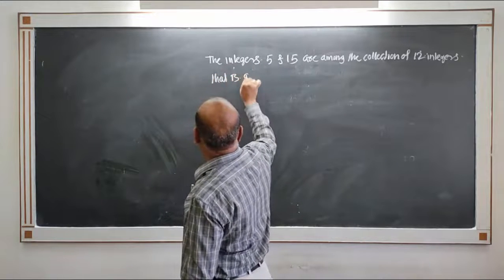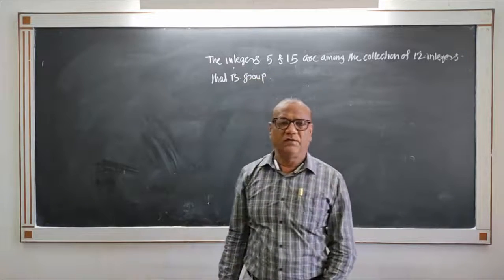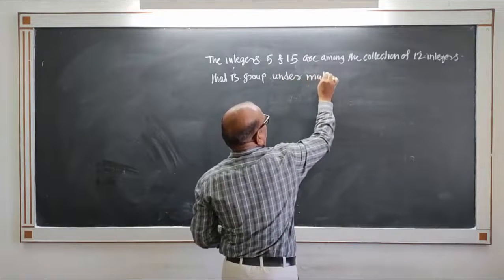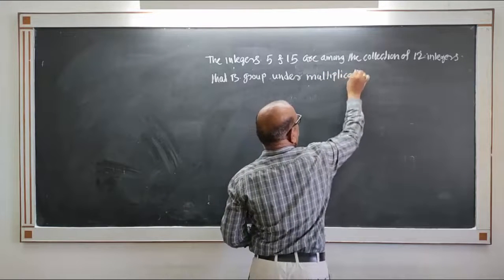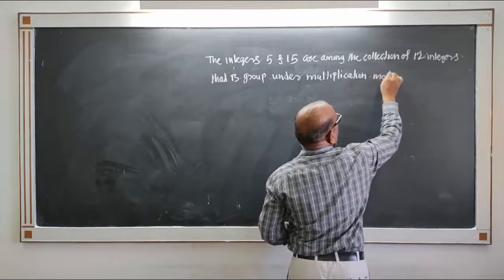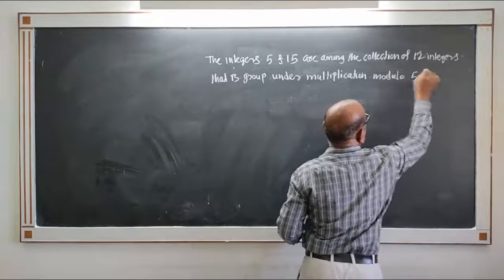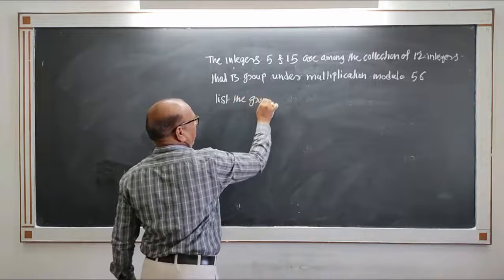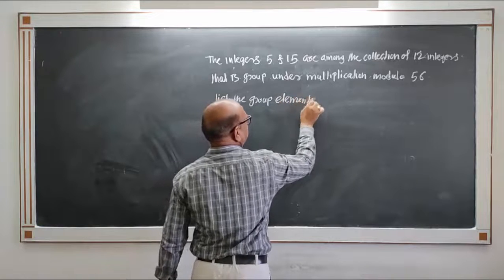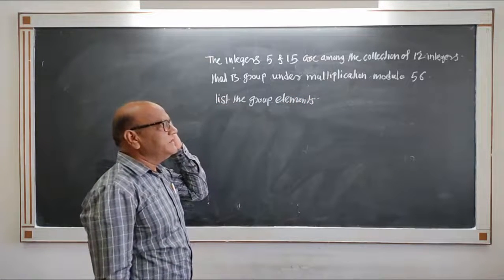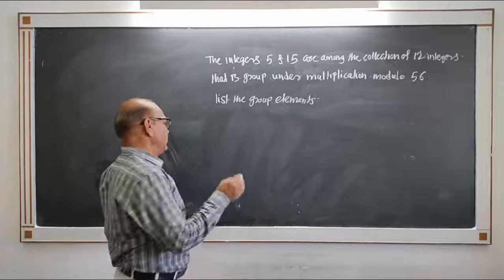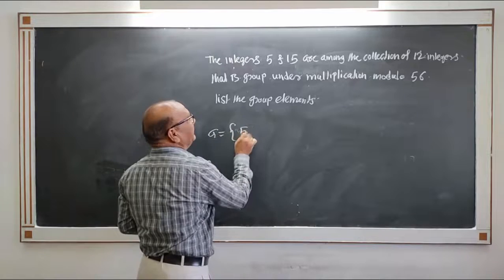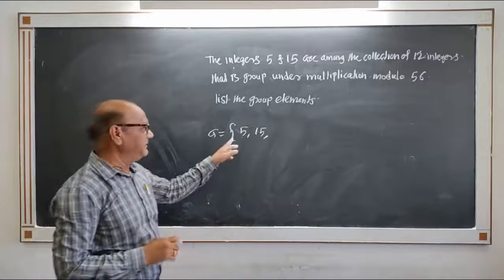List the group elements. That means this is a group under multiplication modulo 56. In this group, 5 and 15 are contained.